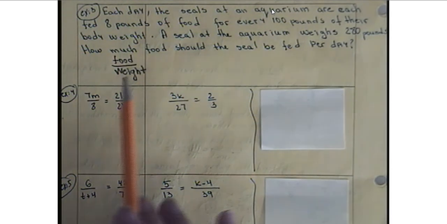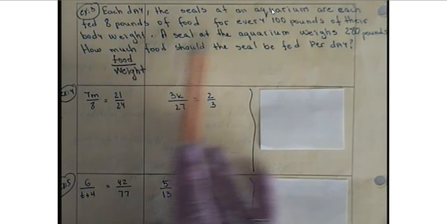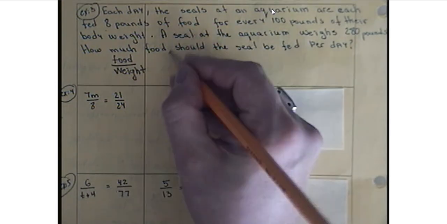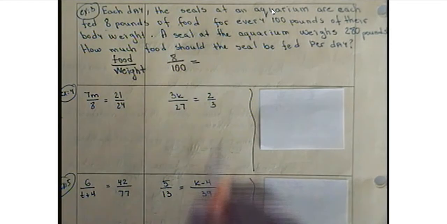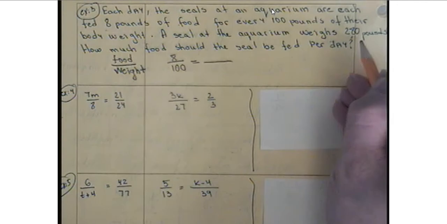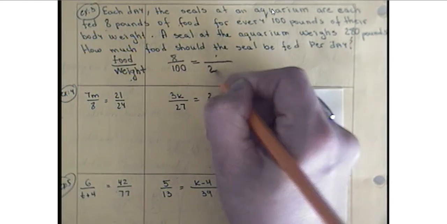So if the ratio is food to weight, let's begin with the first numbers, what we know here. We have 8 pounds of food, so the proportion will be 8 to 100 pounds of weight. 8 to 100 is equal to, and then we have a seal at the aquarium that weighs 280, and the weight is on the bottom, so you're going to put 280 on the bottom because this is the weight.